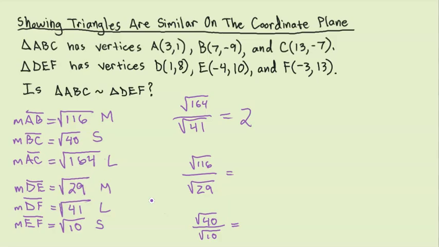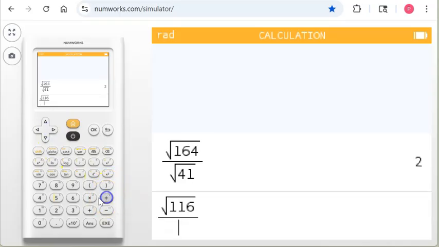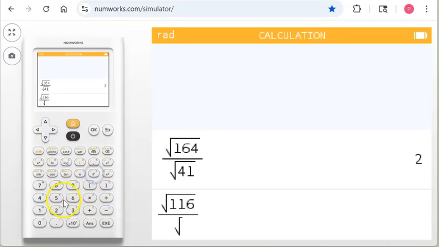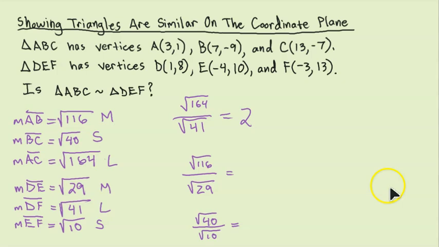Now let's do the square root of 116 over the square root of 29. So we'll do the square root of 116 divided by the square root of, what did it say, 29? Let me check. Yep, 29. We'll hit execute. Oh, yep, we got a 2 again. Same value. Put 2 here.